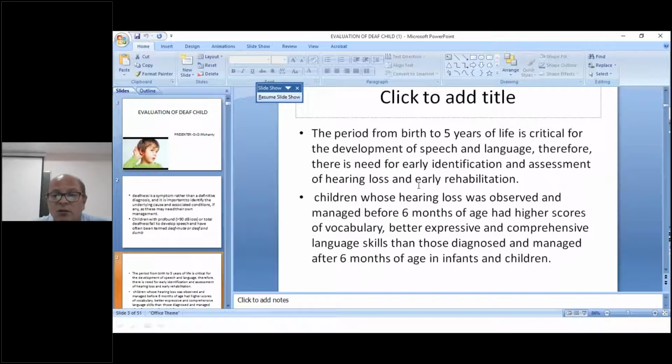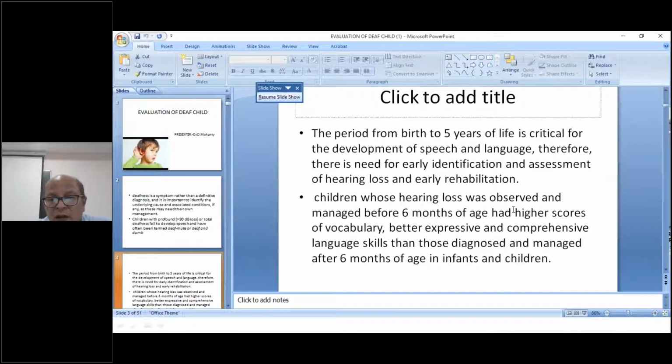As the child grows older, the neural plasticity decreases. So if you don't do anything within the first 5 years of life, then whatever you do after that won't have that much effect, or the improvement or the results will not be that encouraging, because the neural plasticity will be lost.